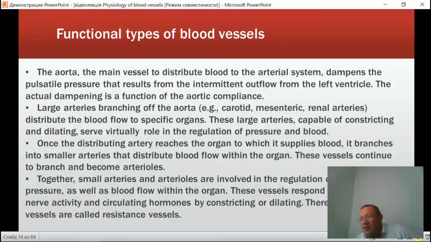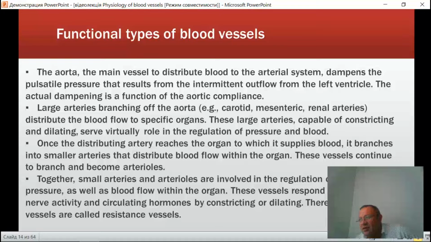Large arteries branch off the aorta. These carotid, mesenteric, and renal arteries distribute the blood flow to specific organs.